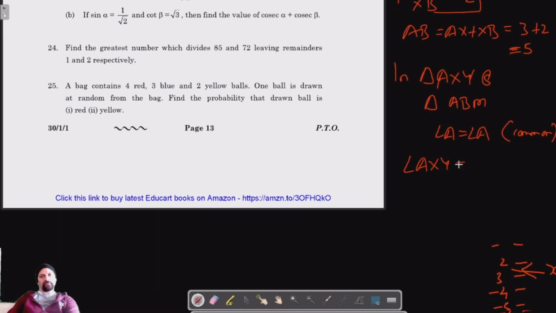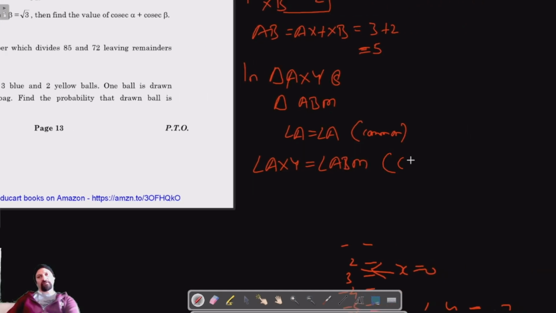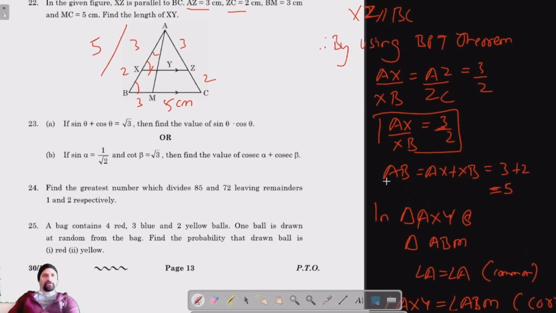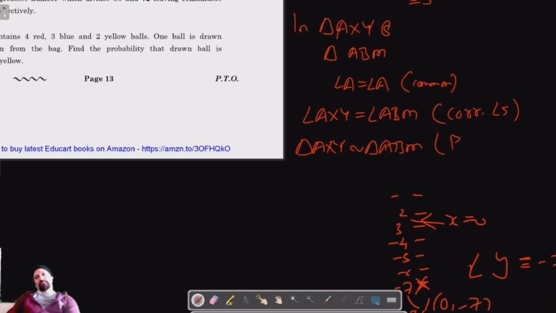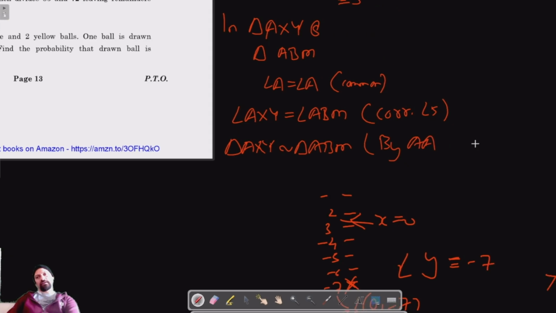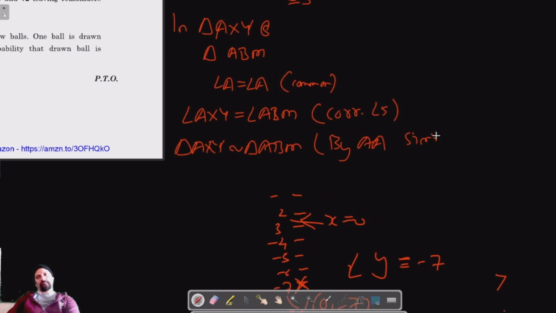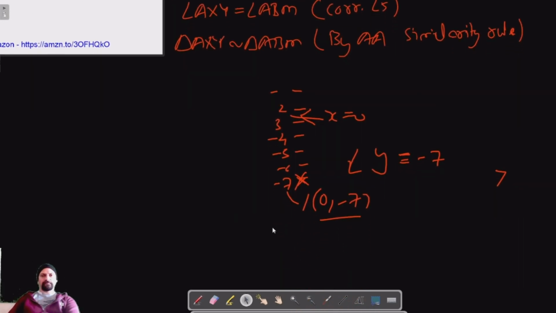So the triangle AXY is similar to triangle ABM by AA similarity.